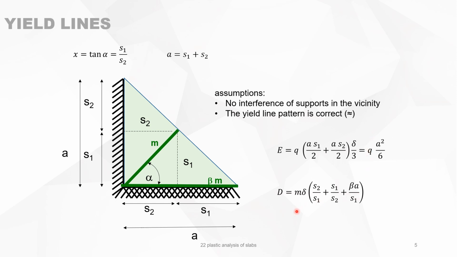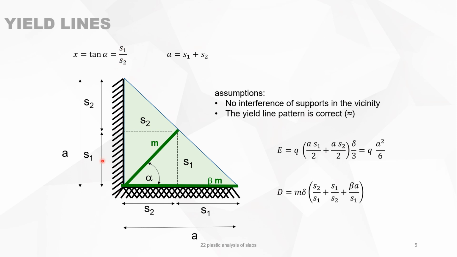The internal energy D dissipated by the rotation about the yield lines is given by the plastic bending moment M projected vertically to the axis, which is S2, times the angle delta divided by S1. So this is the first term. You can also project the plastic bending moment M perpendicular to the rotation axis here.